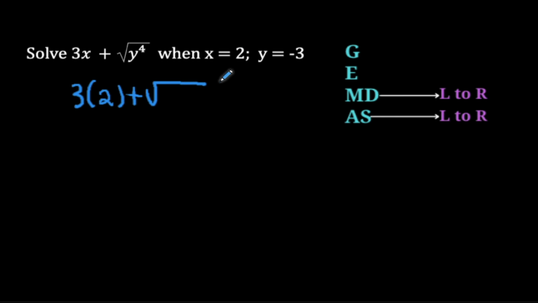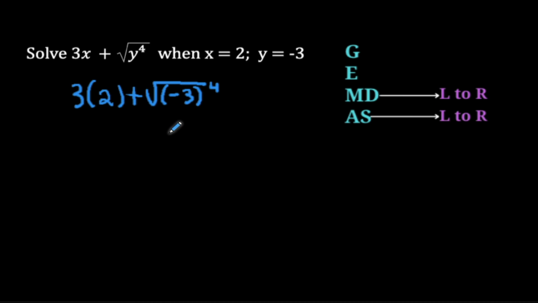And it's crucial that you place this negative 3 in parentheses, okay? And that's raised to the 4th power. And if you don't place the negative 3 in parentheses, you're going to get an undefined answer, okay? So that means anything that's in parentheses is going to be raised to the 4th power. So this whole thing is raised to the 4th power, okay?